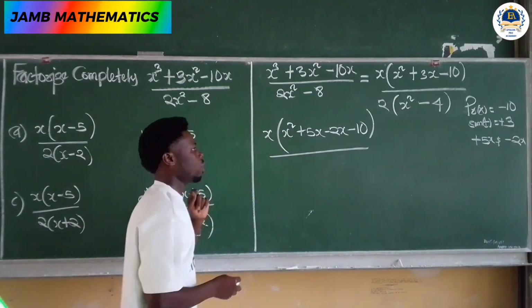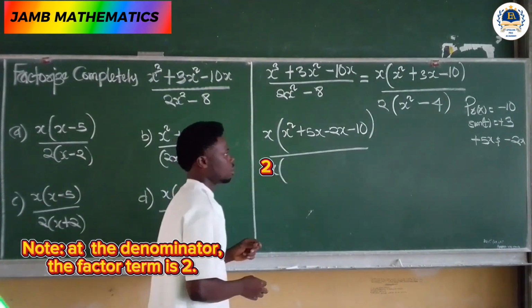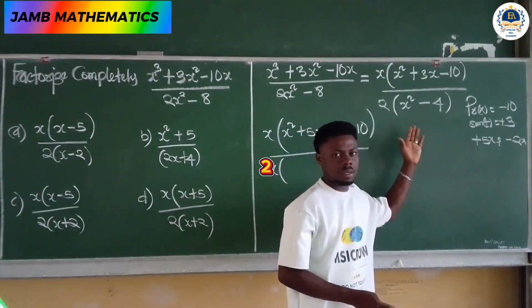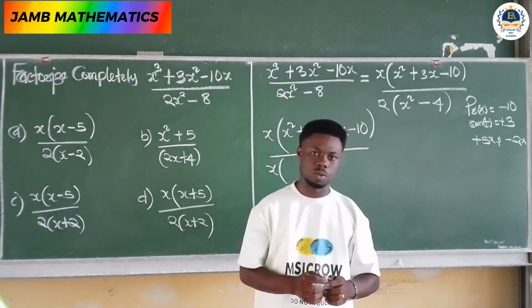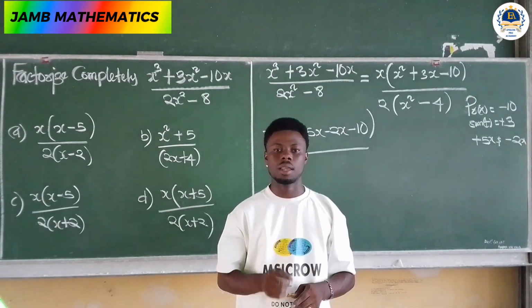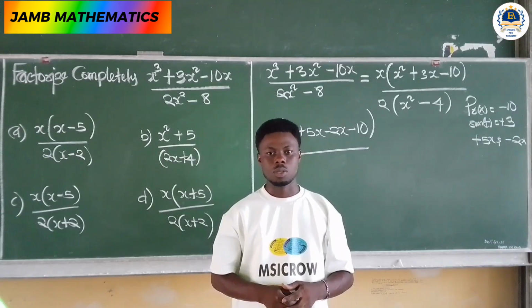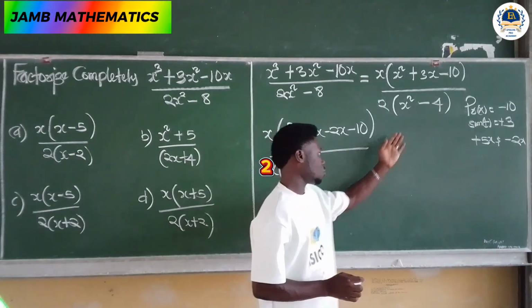Then in the denominator, we have 2 in parentheses. Now there's an identity in mathematics that states that x squared minus y squared is equal to x minus y, bracket close, and x plus y, bracket close. That is called the difference of two squares, and we have it over here.